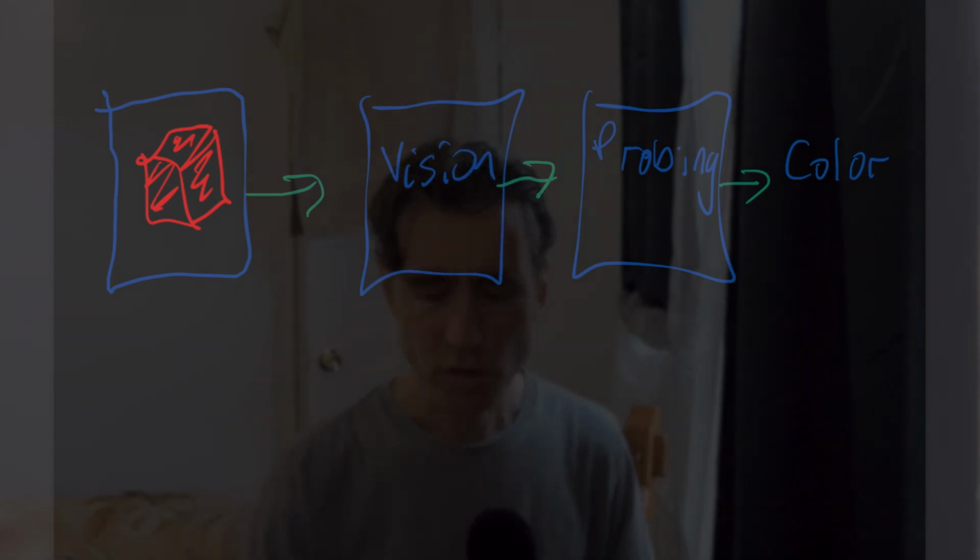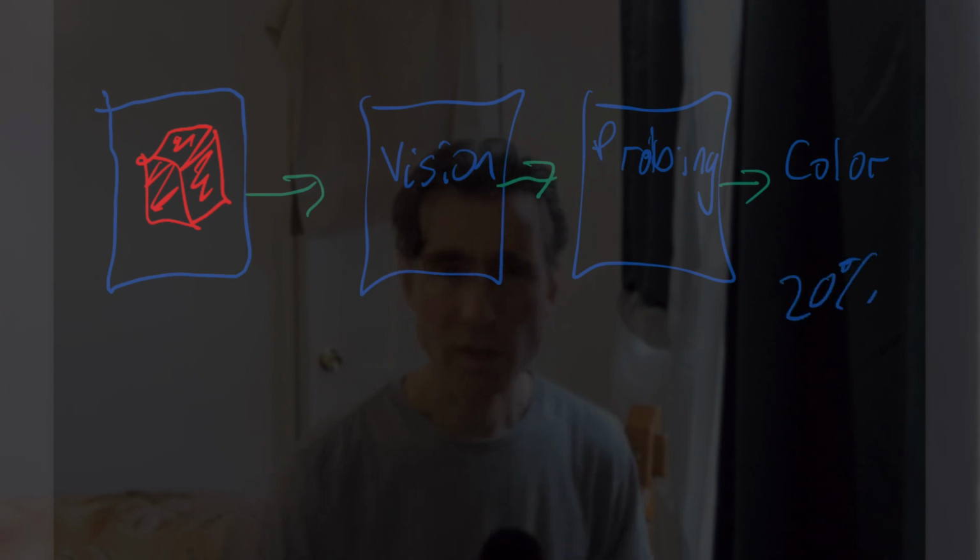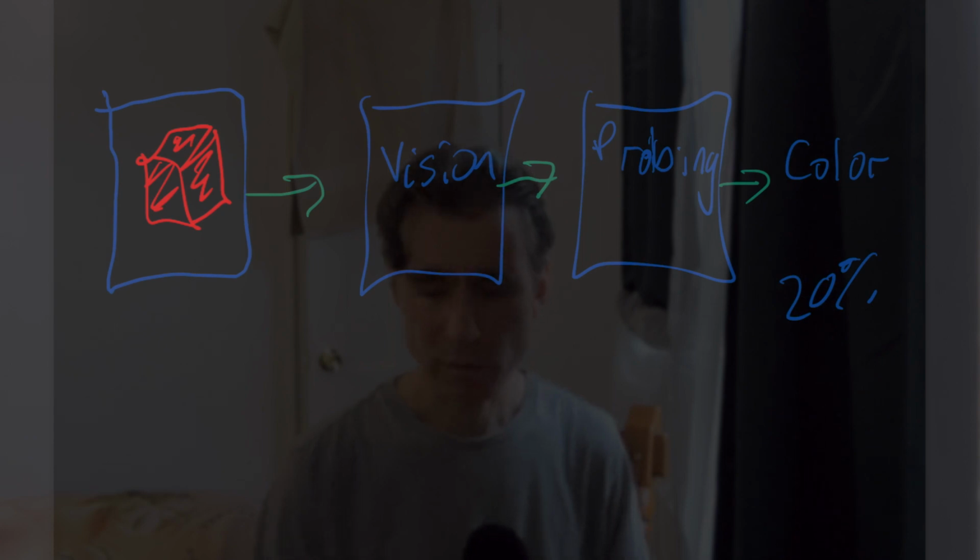Now, if we train this probing model to predict color, and the input to the probing model is the output of the vision module, if the vision module has not learned to somehow represent color, we're not going to be able to train this probing model. It's going to give a really poor accuracy. Well, it might not be 0%, because let's say there are 5 colors, so it might be like 20% or something. If it gets 20%, then the vision module doesn't contain any information about color.